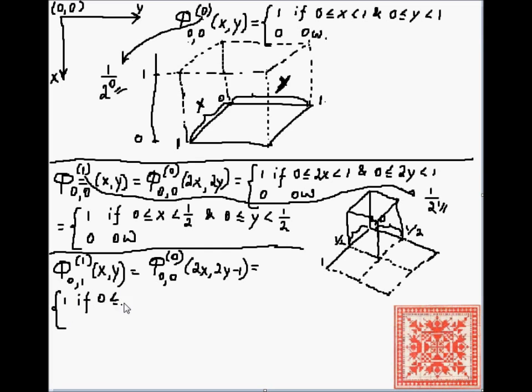So, let's do some algebra. It is 1 if 2x is greater than or equal to 0 and strictly less than 1, and 2y minus 1 is greater than or equal to 0 and strictly less than 1, and 0 everywhere else.